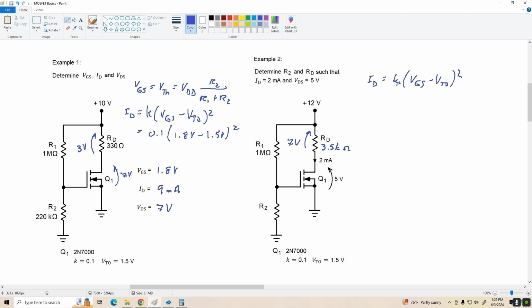So we've got ID over K, and we're going to take the square root, and what we're going to end up with is VGS equals the square root of ID over K plus VTO, and that's what we need dropped across R2 to turn this transistor on appropriately. So what we've got is 2 milliamps, 0.002 divided by 0.1 plus 1.5 volts. Let's see what we get here.